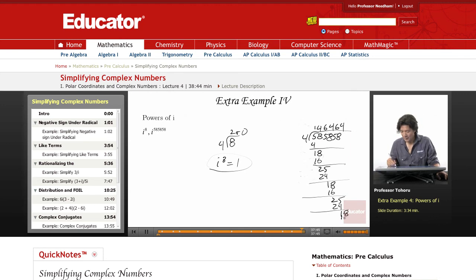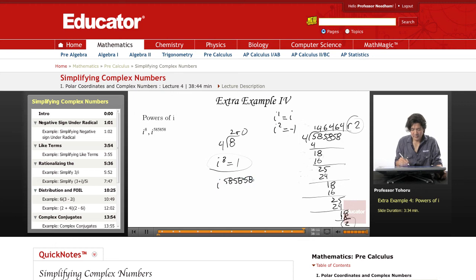What we care about is this number right here, the remainder 2. What do we know? i to the 1 equals i, i to the 2 equals negative 1. So we know that i to the 5858585858 equals negative 1.